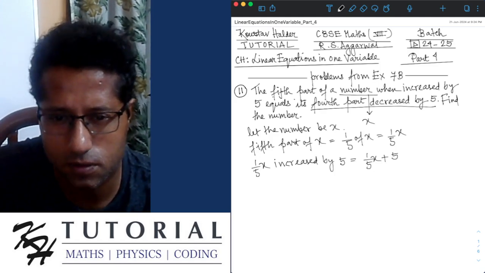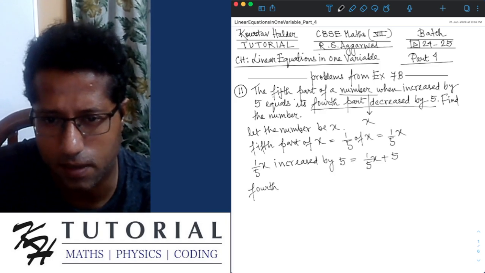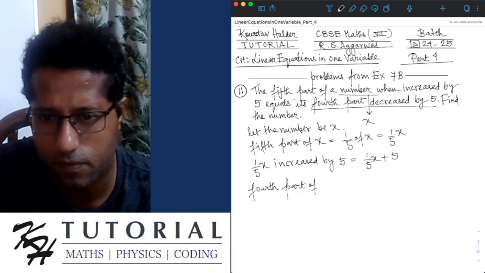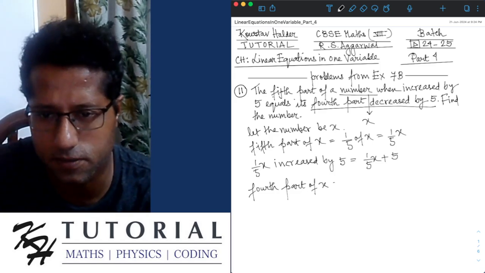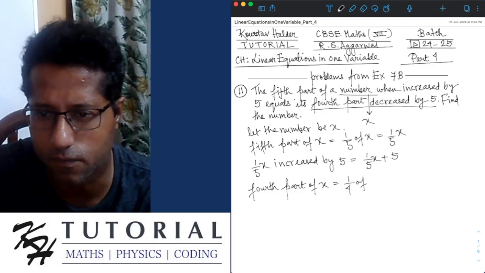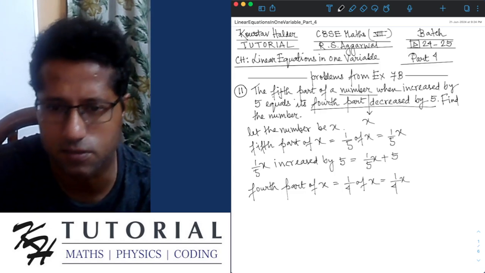So fourth part of the number which we have assumed as x, fourth part of x is nothing but 1/4 of x. This equals 1 by 4 x.